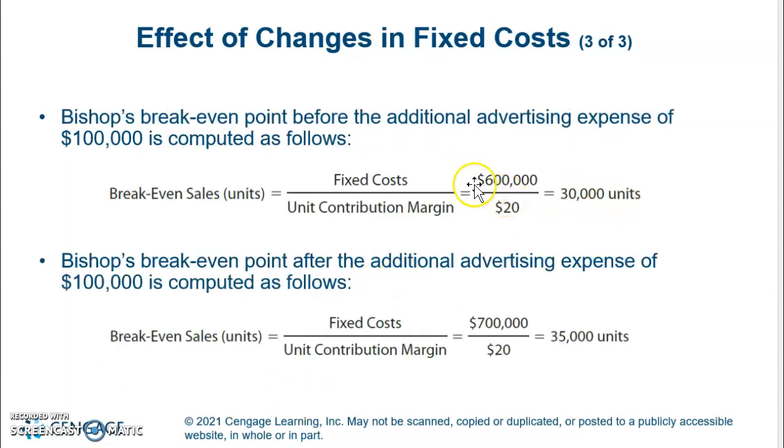So if we take our fixed cost, it was $600,000 divided by 20, we only needed 30,000 units to break even. But if we do this advertising expense, our fixed costs are going to go up to $700,000. So when we divide now, you can see that our break-even sales in units, we're going to have to sell more units to cover that.